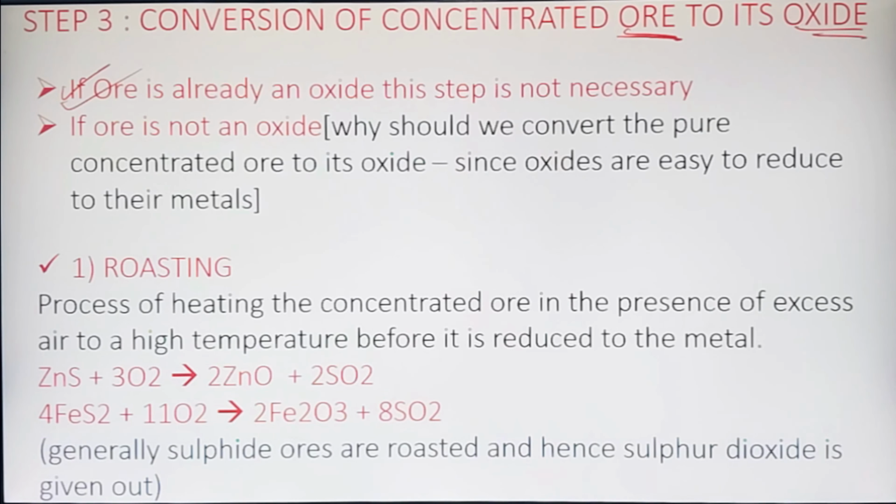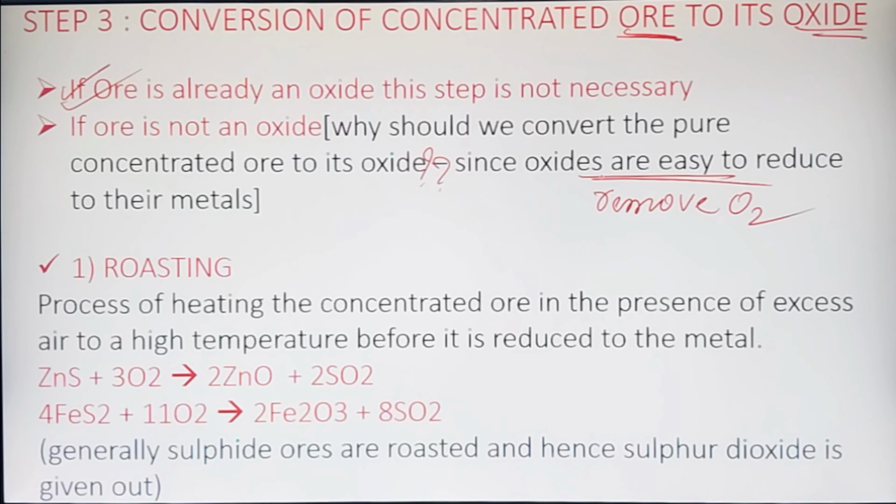So when will we do this step? When the ore is not in an oxide form, we will first convert it into its oxide. Now the question is, why do we carry out this process? Why is it converted into an oxide? It is because oxides are very, very easy to reduce. That means we are able to remove oxygen very, very quickly.